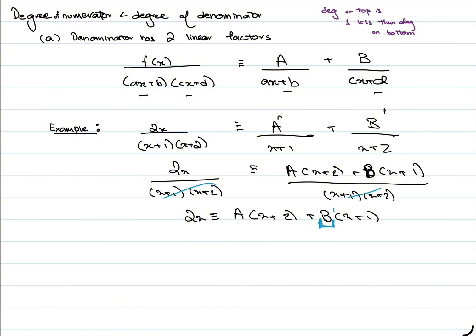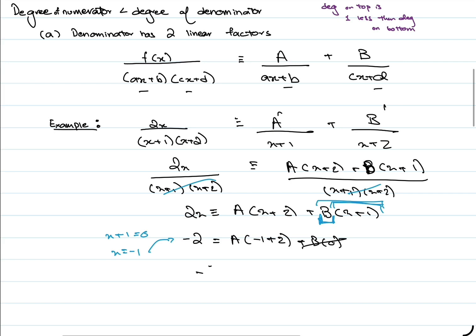To do that, we can make x plus 1 equals 0, because when this equals 0, this is going to become 0. So x plus 1 equals 0 when x equals minus 1. Then we get minus 2 is equal to a times minus 1 plus 2, plus b times 0. This goes away. We have minus 2 is equal to a.